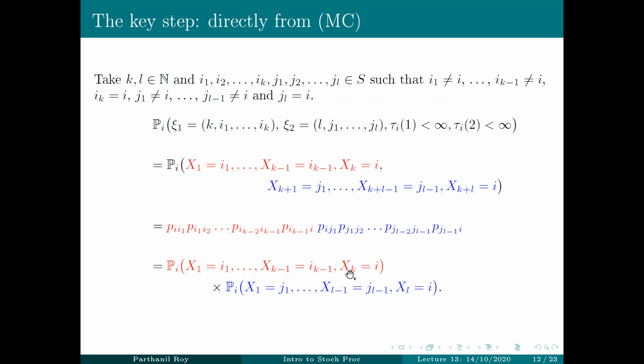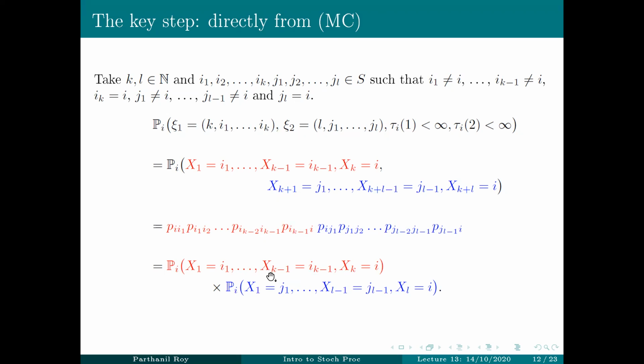This joint probability is exactly from MC again. Also, if you just consider the blue part, that's just this joint probability: starting from i, you go to j1, then j2, all the way up to j_{l-1}, and finally return to i. So this is just this blue probability.